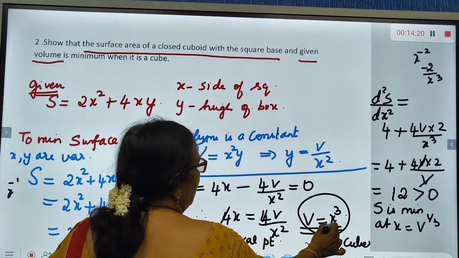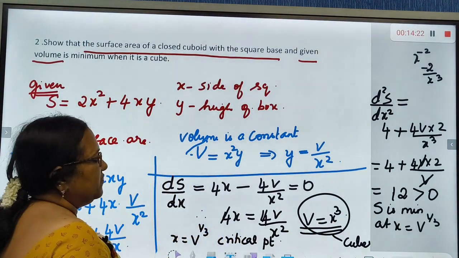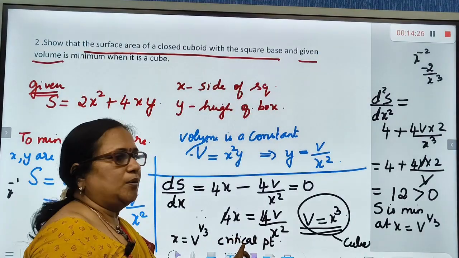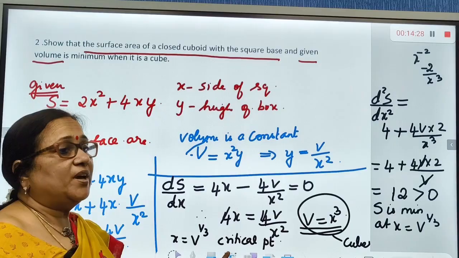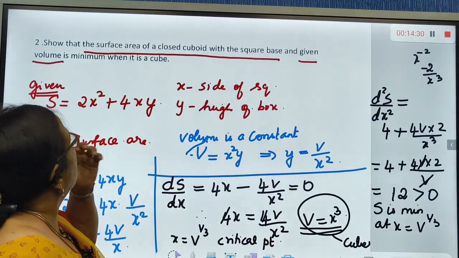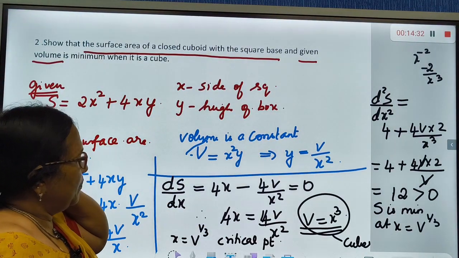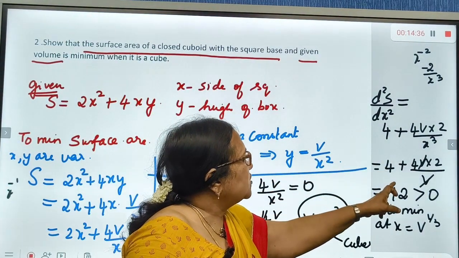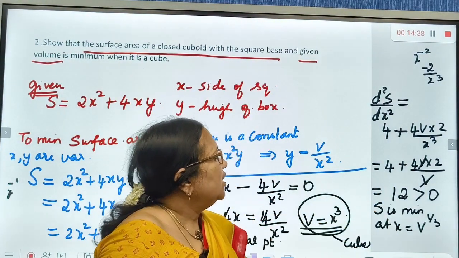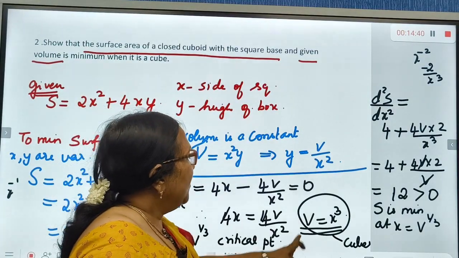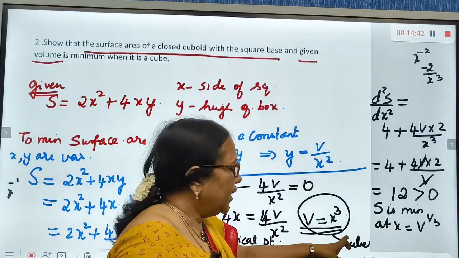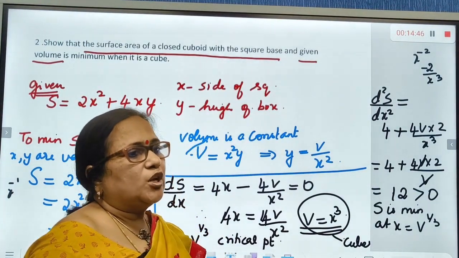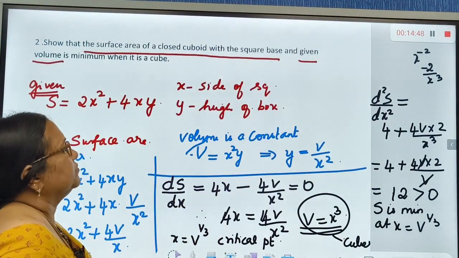We get V equal to x cube, or x is V power 1 by 3. So x equal to V power 1 by 3 is the critical point. How do we confirm that it is a minimum? Look at the sign of d square S by dx square. We get 12, which is greater than 0. V is x cube, so that means the cuboid is a cube.